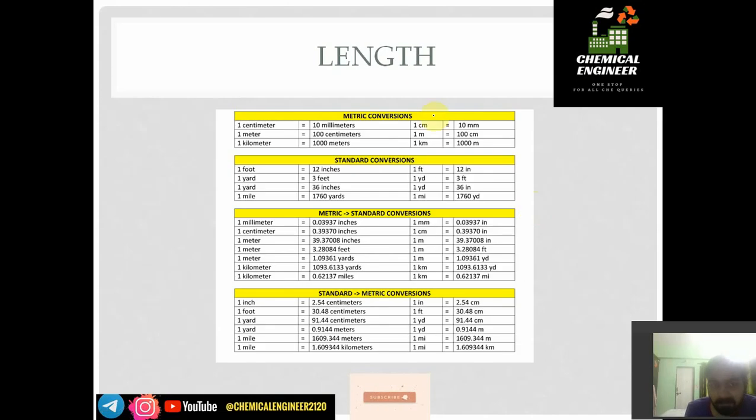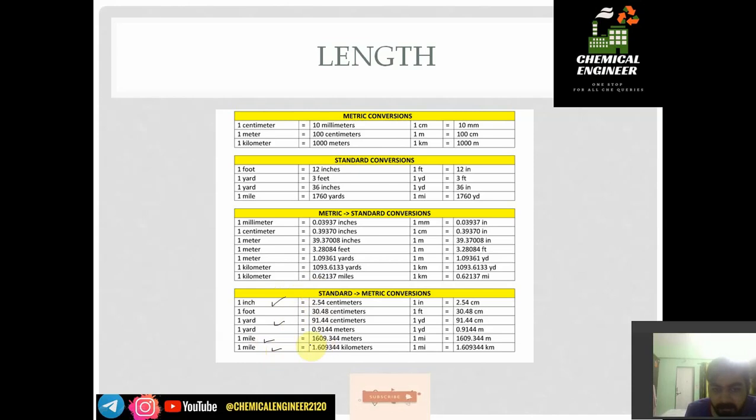Now length. Centi is 10 millimeter. In length, no need to derive this, directly remember: 1 inch equals 2.54 centimeter, 1 feet equals 30.48 centimeters, 1 yard equals 91.44 centimeters, and 1 mile is 1.6 kilometers.